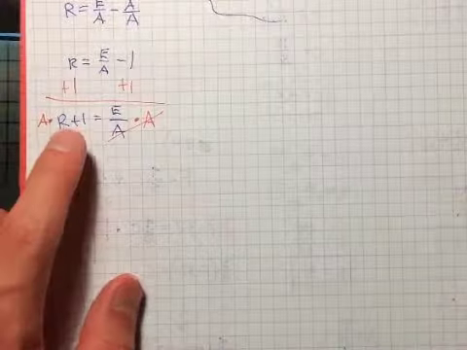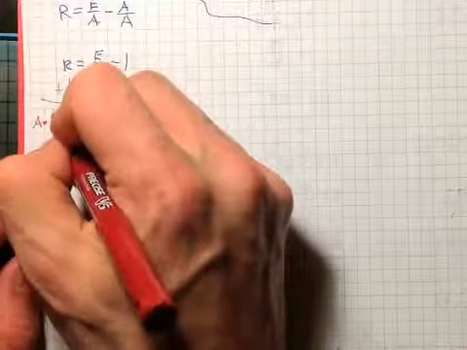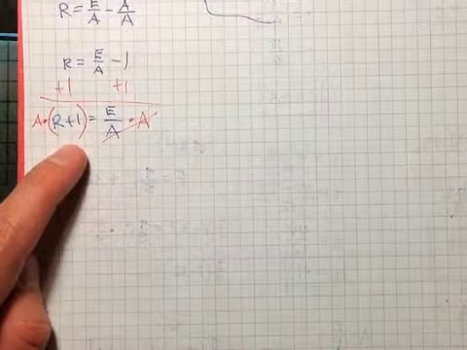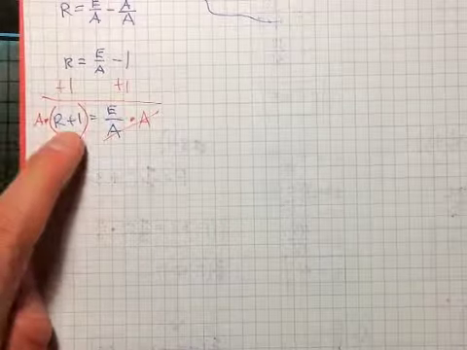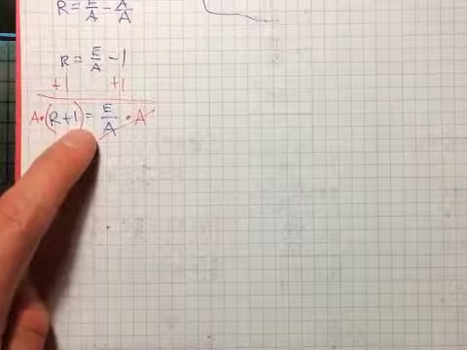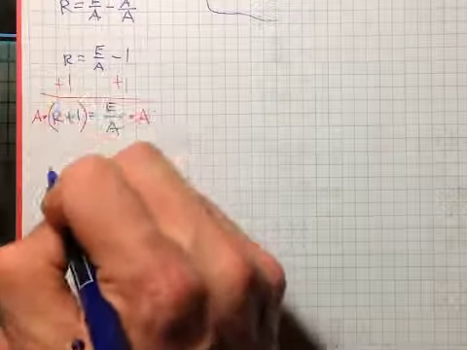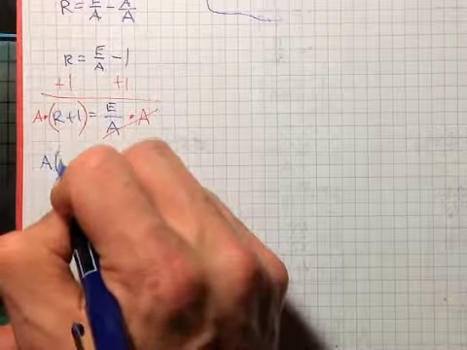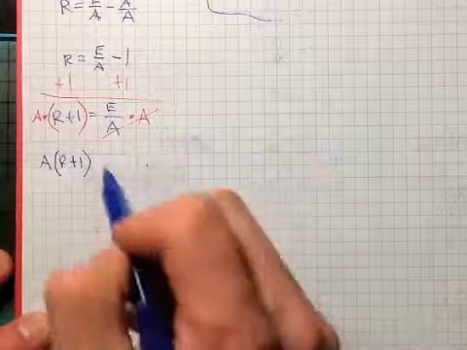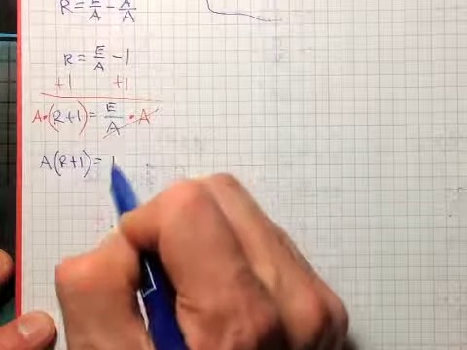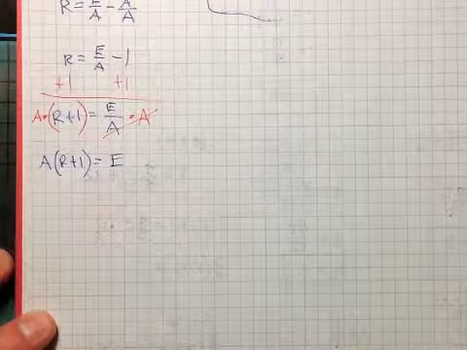This is not correct. This is correct. This says that the A is multiplying the R plus 1. Now the next line after this is what we have over here. A times R plus 1 equals E. Not too bad, right?